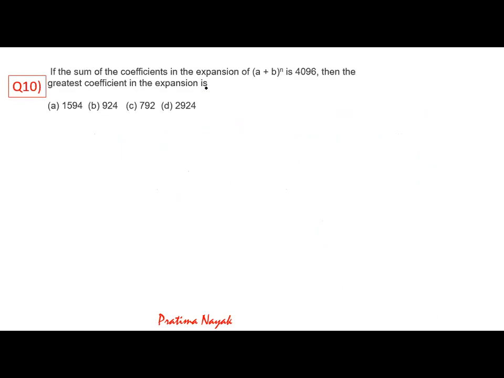The sum of coefficients of the expansion of a plus b to the power n is 4096. Then find the greatest coefficient of the expansion. Greatest coefficient of expansion, you know that it is nC(n by 2) when n is even. Let us find what is the value of n here from this expression.